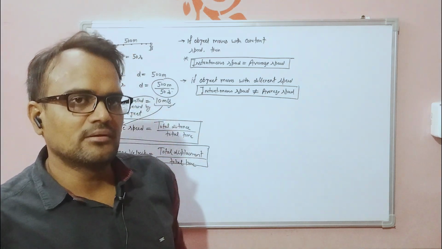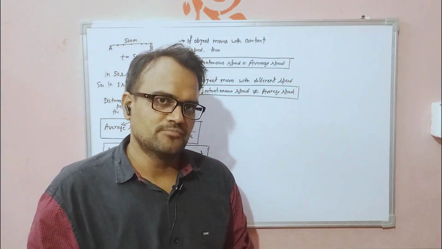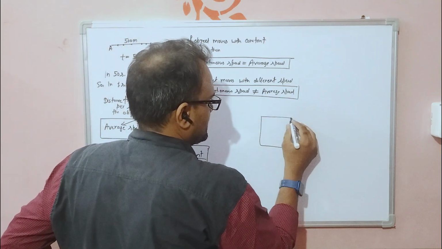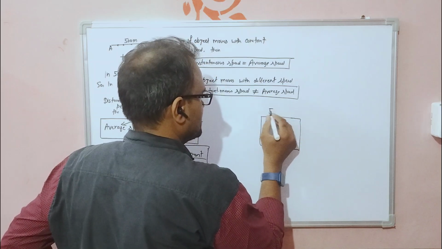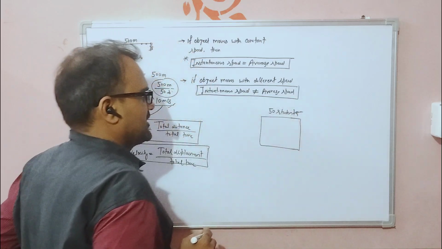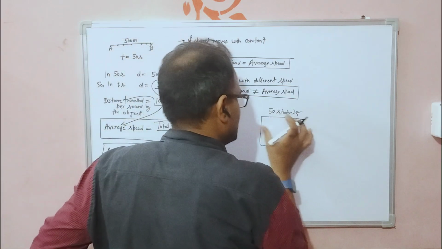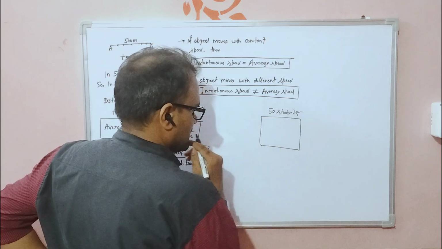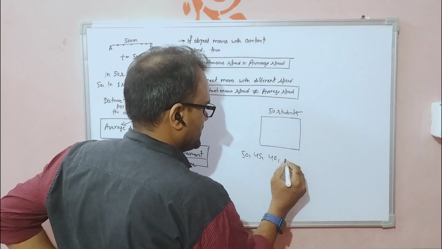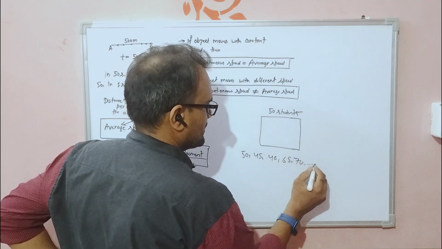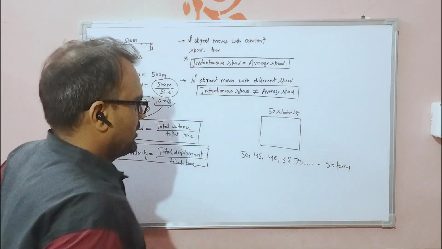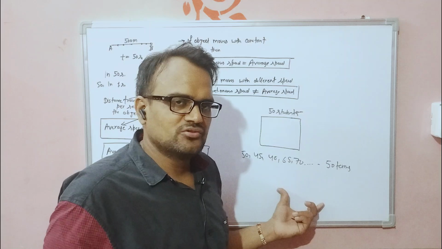Now, to understand it better, let's make an analogy. Let's assume this is a class of 50 students, and now I have the data of the weight of each and every student from this class. So let's write down 50, 45, 40, 65, 70 and so on up to the 50th term. Now I just want to find the average of all of these values.